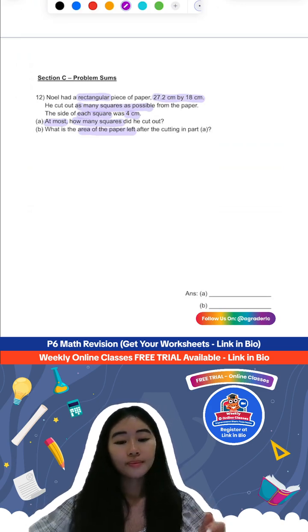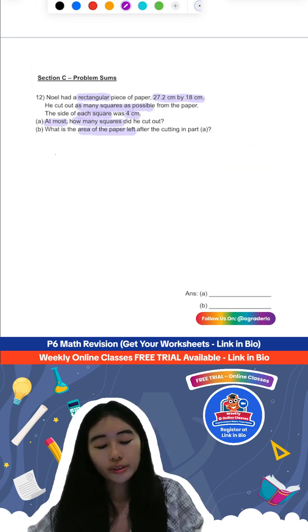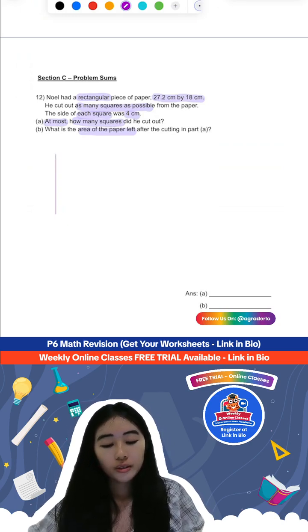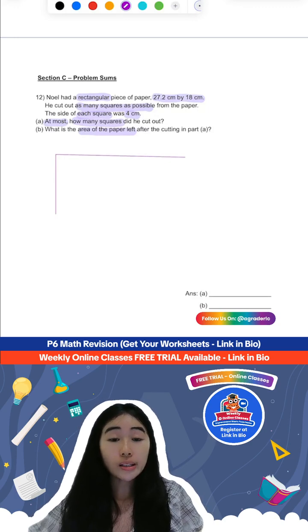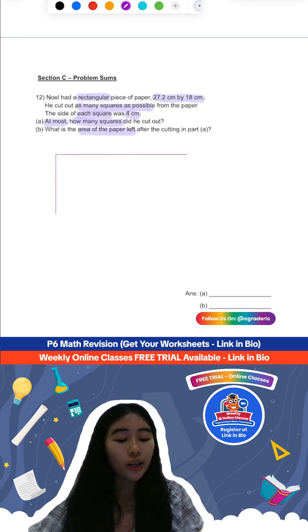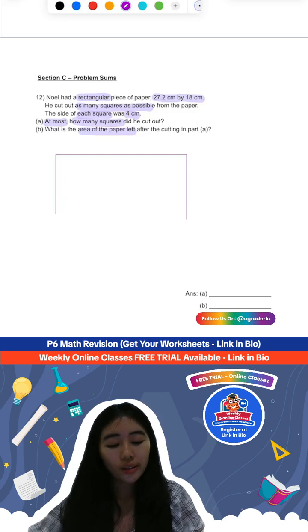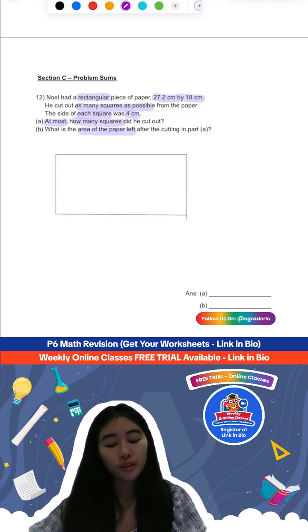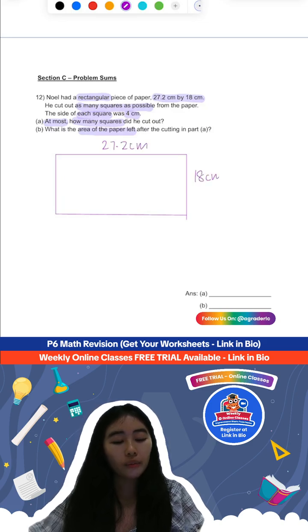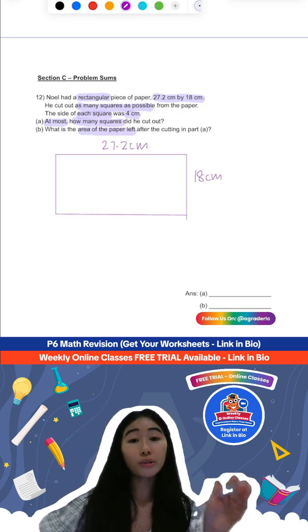Maybe I'll just draw the diagram first. I think having the diagram will make it easier for you to visualize what is going on. So let's say this is the rectangular piece of paper that Noel had. This is 27.2 cm. This is 18 cm, so you have the length and the breadth.